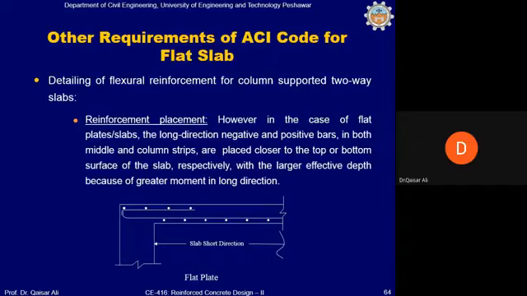For this reason, when the bending moments are larger along the long direction than along the short direction, the bars shall be placed closer to the top and bottom side of the slab along the long direction instead of the short direction. Okay.